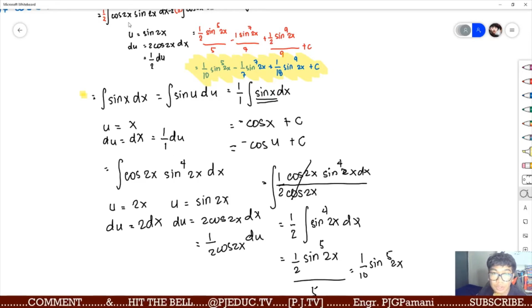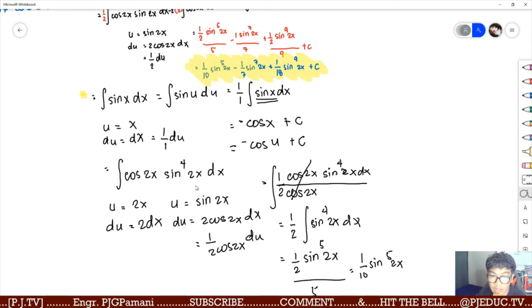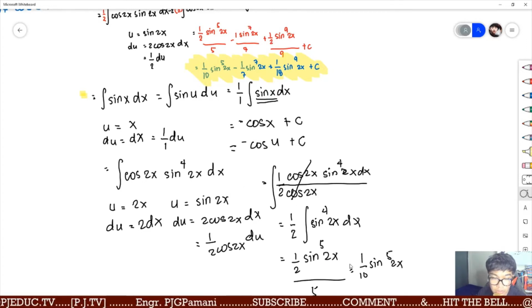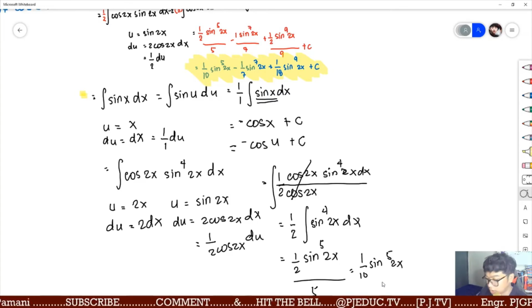Hanapan mo ng common terms within the integrand. Kung hindi ko mahanap yung common term ni 2x dx dito sa integrand nito, why not use sine 2x? Such that if I differentiate sine 2x, meron siyang similarity with my main integrand. So, pwede ko nang ituloy yung solution ko from that point. Then, ganon ulit.